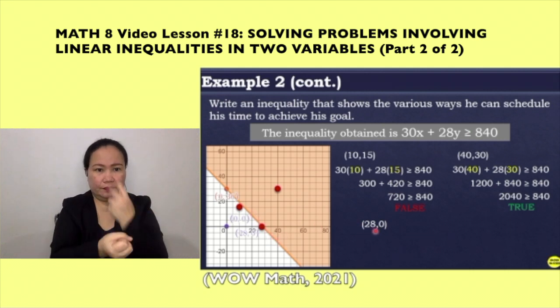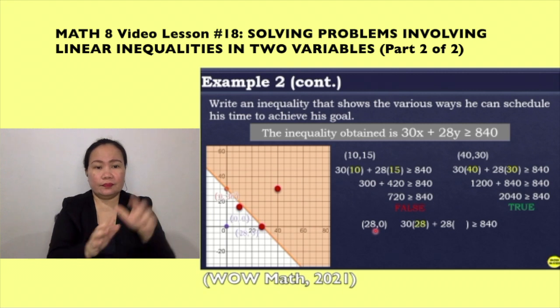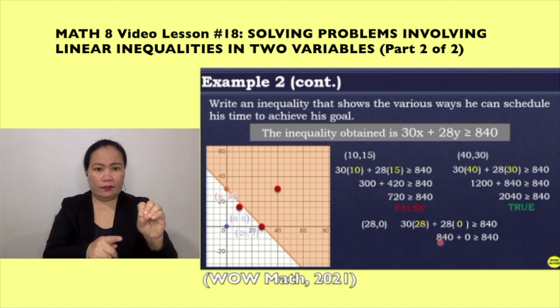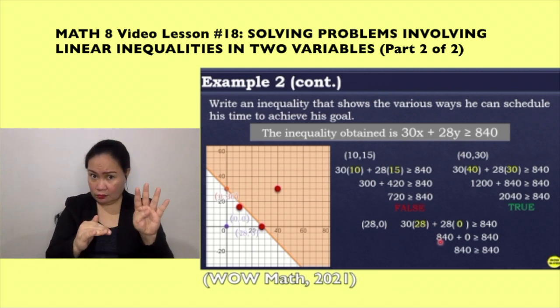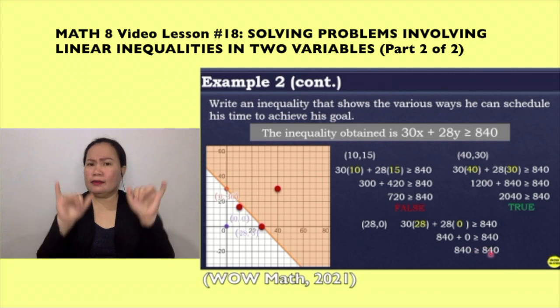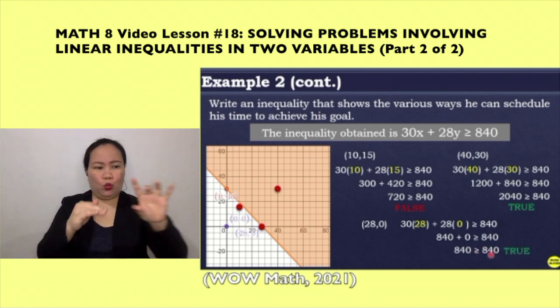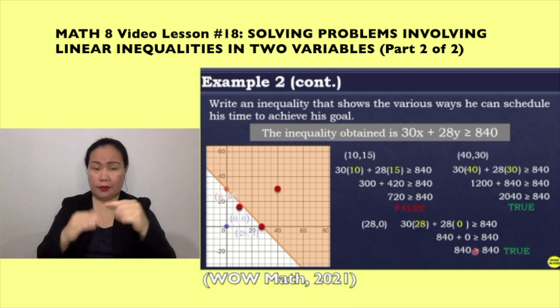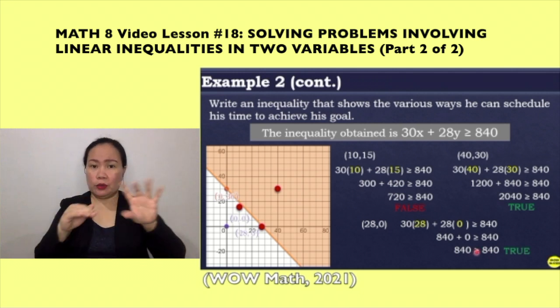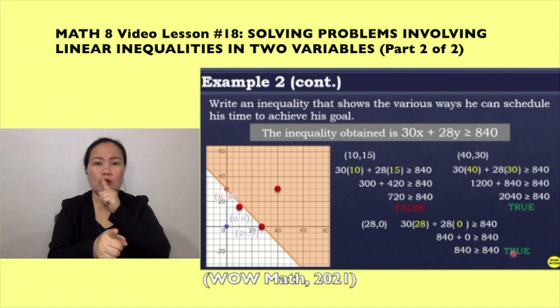So, 28, 0, let's see. Substitute natin si 28 at si 0. So, 30 times 28, that is 840. So, is 840 greater than or equal to 840? Yes, this is true. Why? Hindi man siya greater than, pero since ang ating inequality ay may equal, it can be equal to. So, this is true.